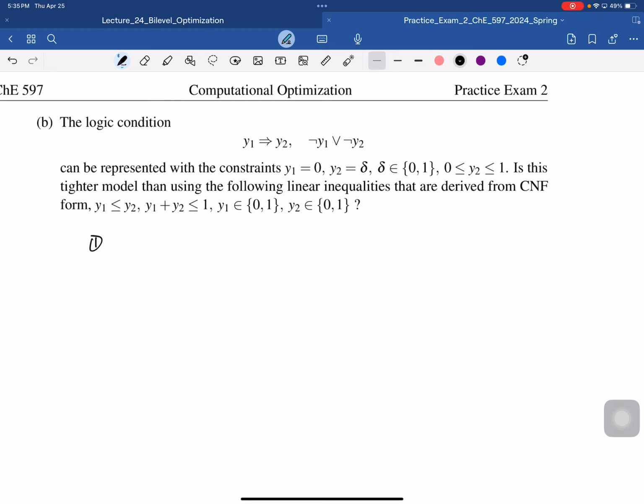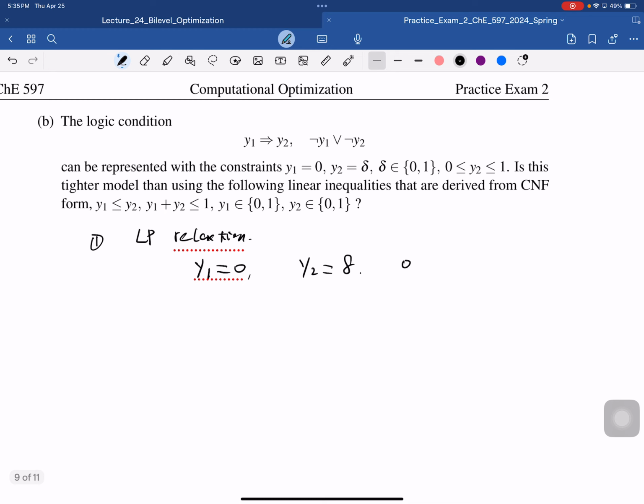So the LP relaxation of the first formulation is nothing but y1 equals 0, y2 equals delta, with delta between 0 and 1, and y2 between 0 and 1.